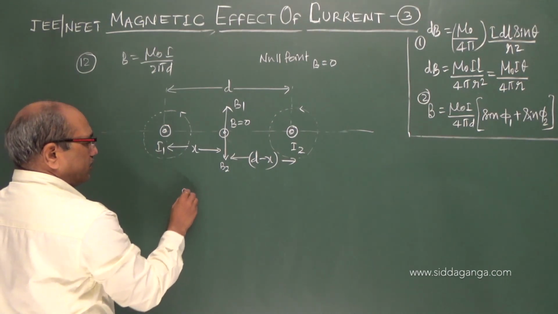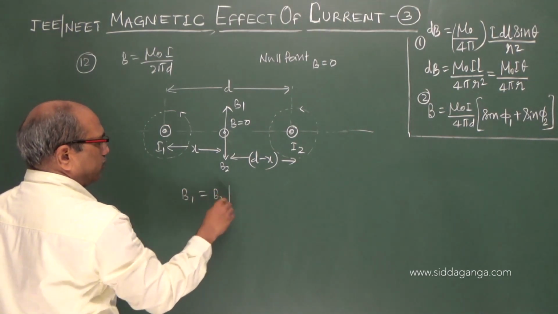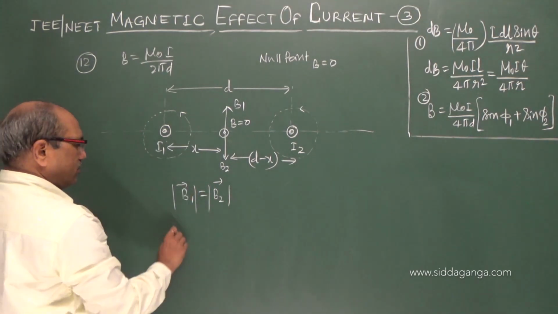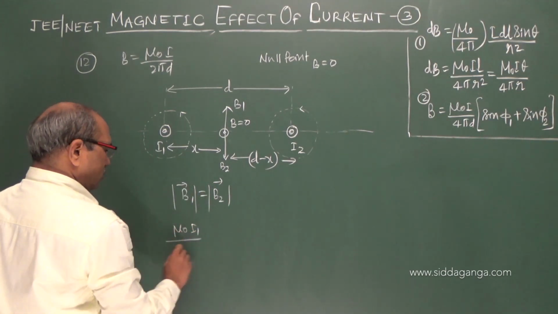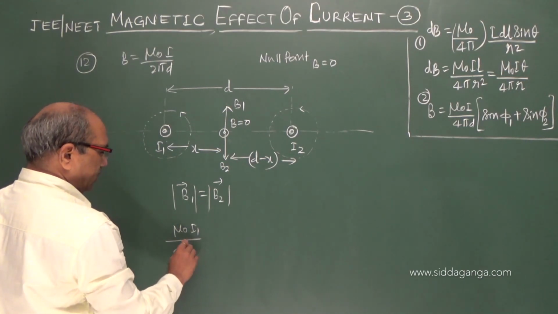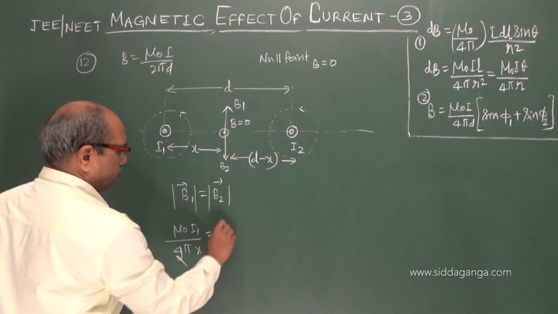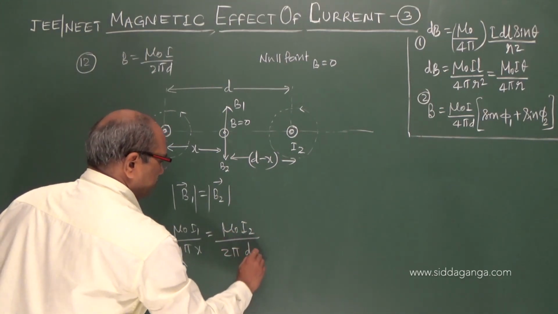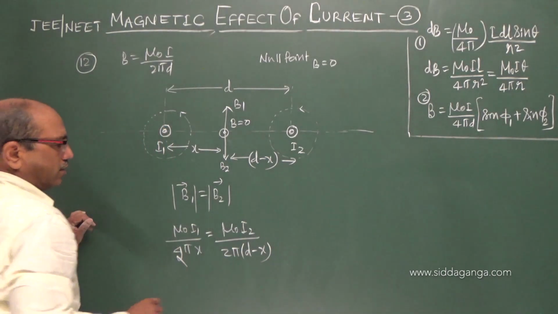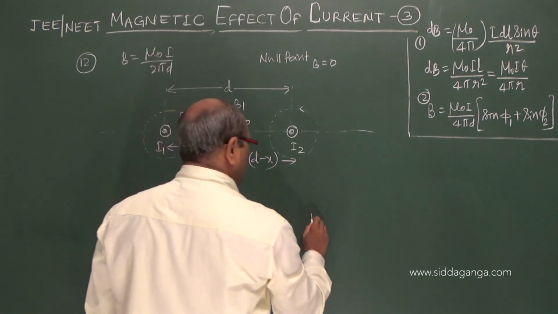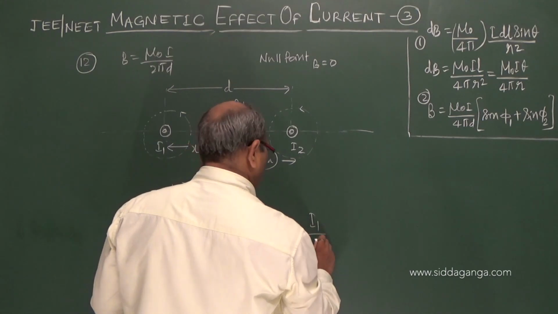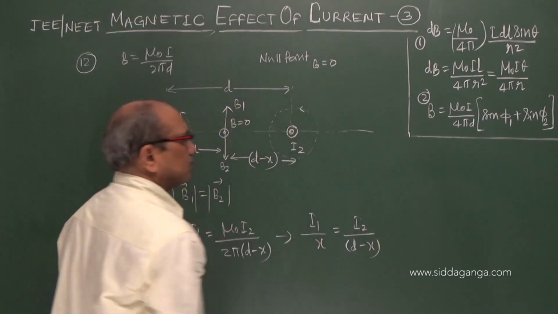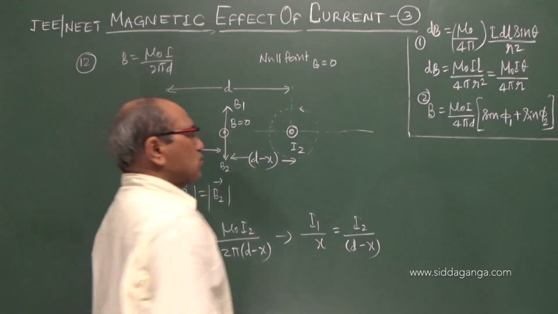If B1 equals B2 in magnitude, for the null point condition, B1 is mu naught I1 by 2 pi x, equal to mu naught I2 by 2 pi (D minus x). It just becomes I1 by x equal to I2 by (D minus x).